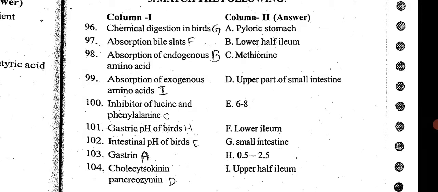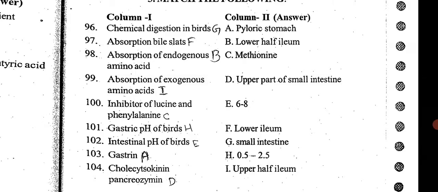Poultry are majorly limited in arginine, lysine, methionine, tryptophan, tyrosine, and methionine is one of the important amino acids. So the point to consider is that the inhibitor of leucine and phenylalanine is methionine.